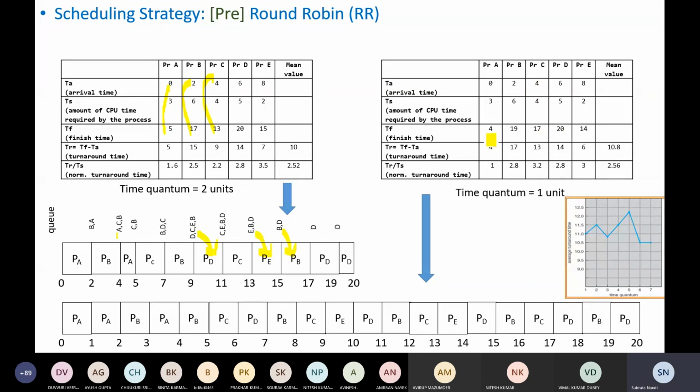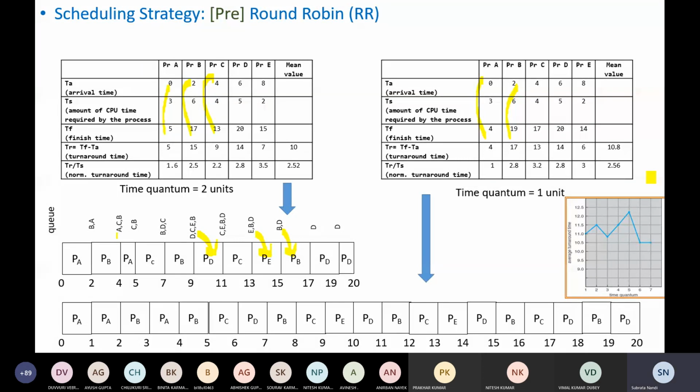Then we compute the turnaround time by the difference. We found that the mean turnaround time increases up to 10.8 and the normalized is 2.56. Now, are we getting better performance compared to the previous algorithms, compared to SRT, SPN, HRRN?